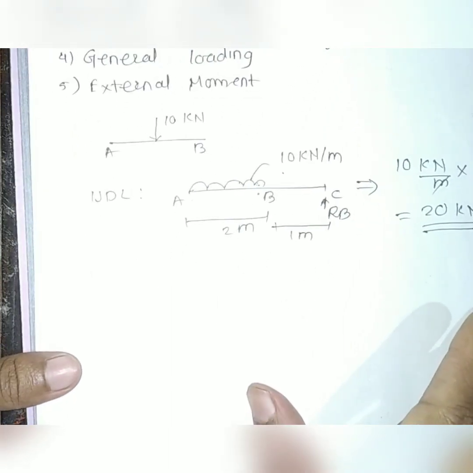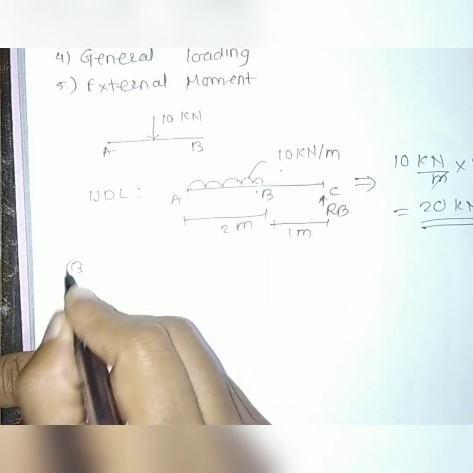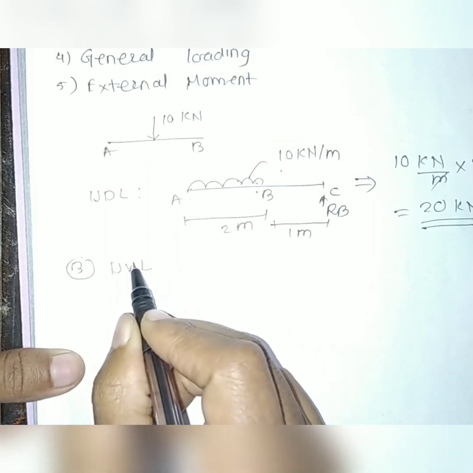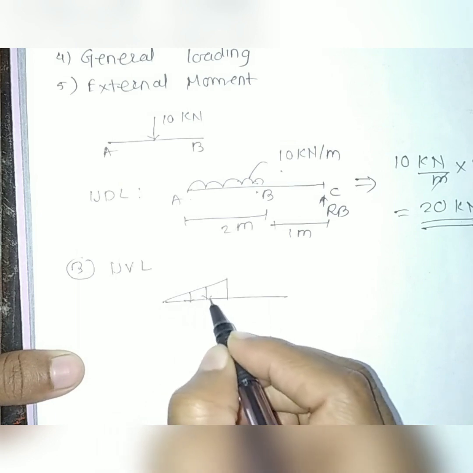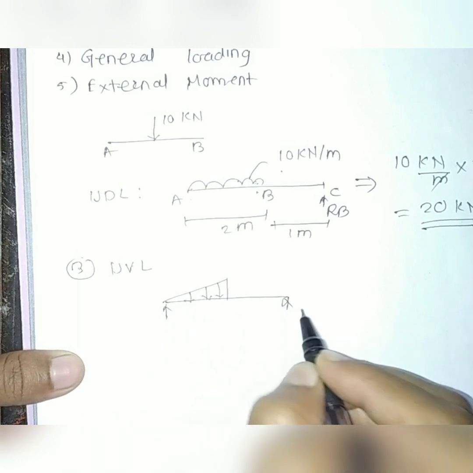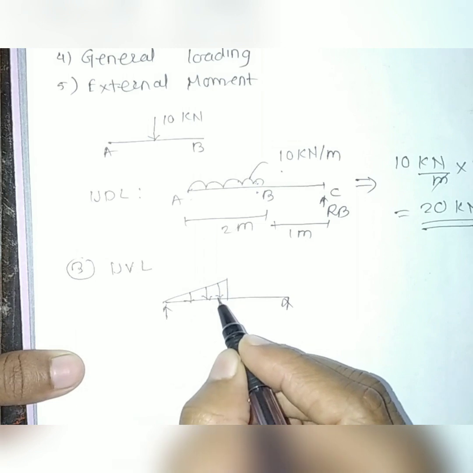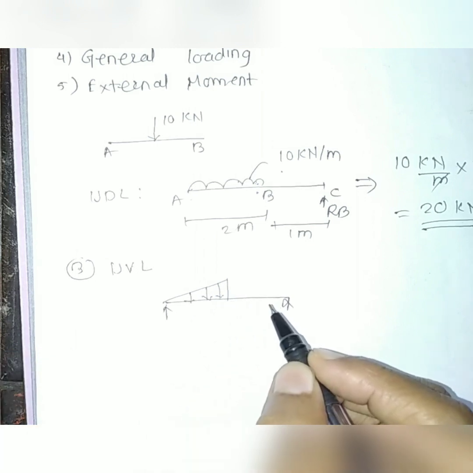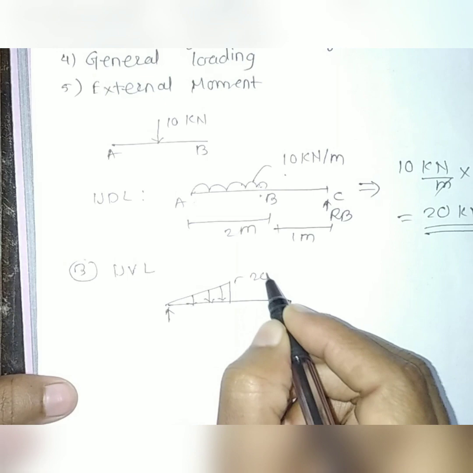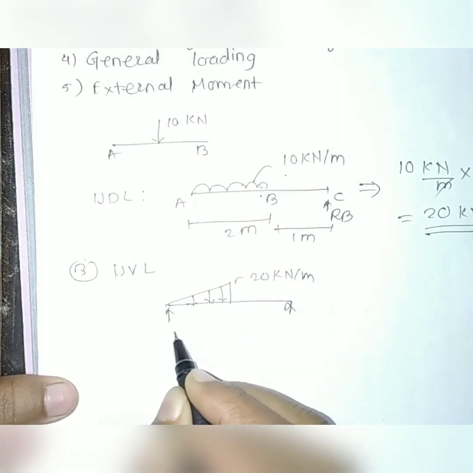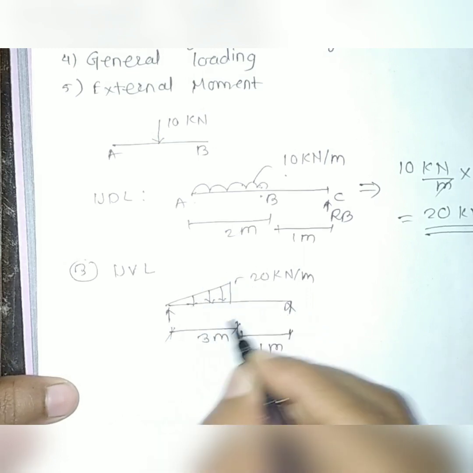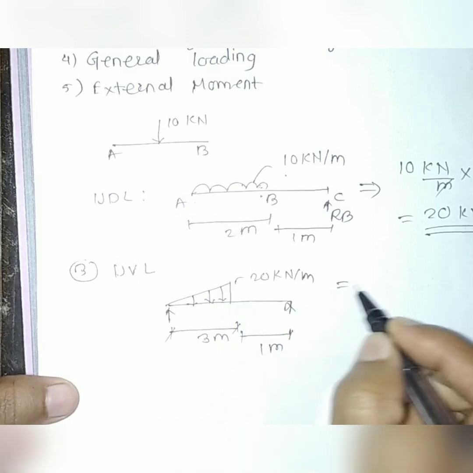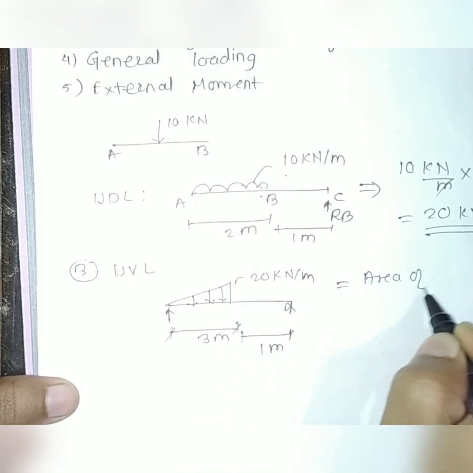Then the next one, the third one, UVL, that is uniformly varying load. Suppose this is a beam and such a triangular shape symbol is there, then it is called as UVL. Suppose this is 20 kilonewton per meter over a span of 3 meter and this distance is suppose 1 meter. Then the intensity for this particular UVL is equal to area of triangle.